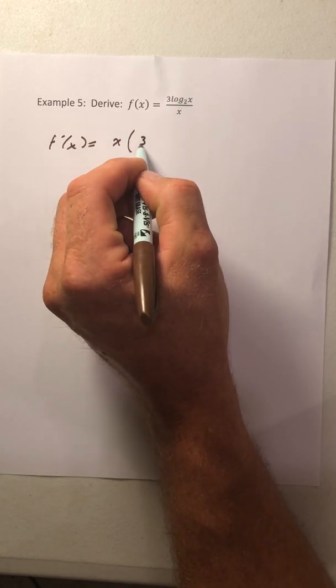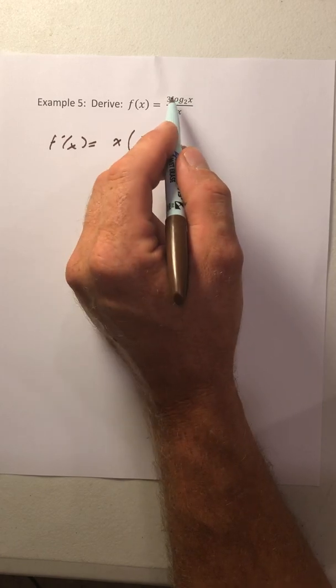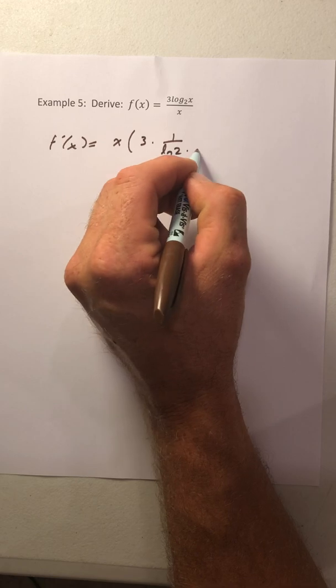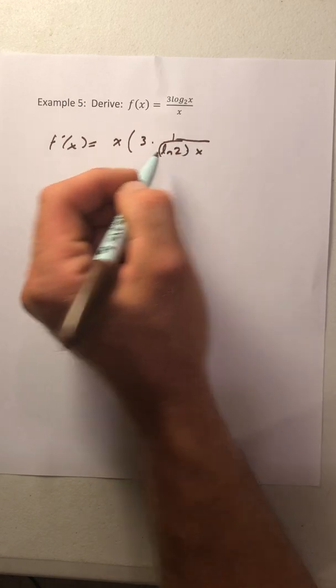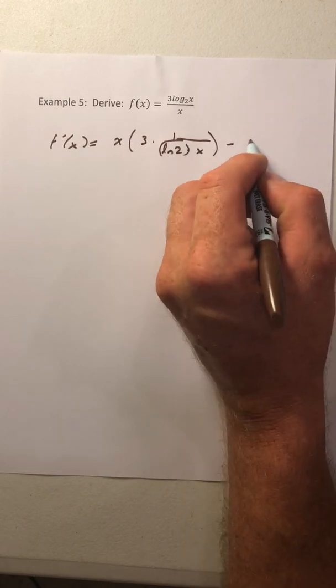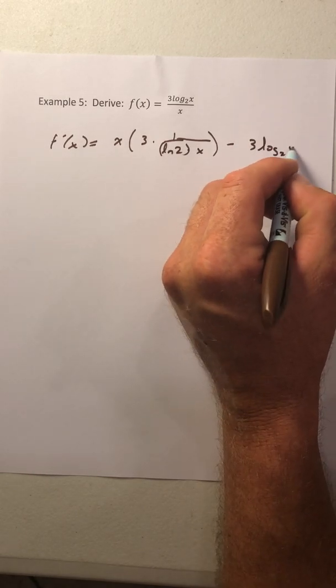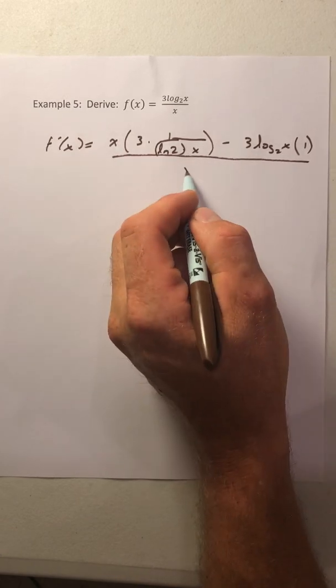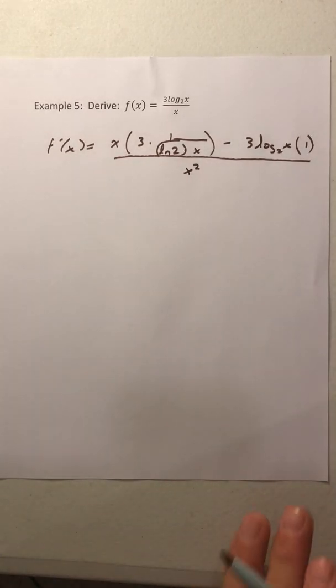So here we have our 3, and we're going to multiply it by 1 over the natural log of our base, which is 2, times our x. And then from that we're going to subtract 3 log base 2 of x times the derivative of the denominator, which is 1, divided by the denominator squared, which is x squared.